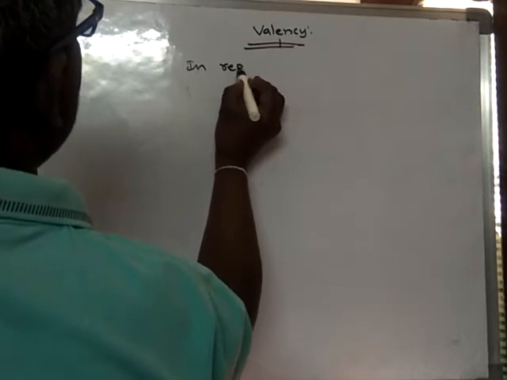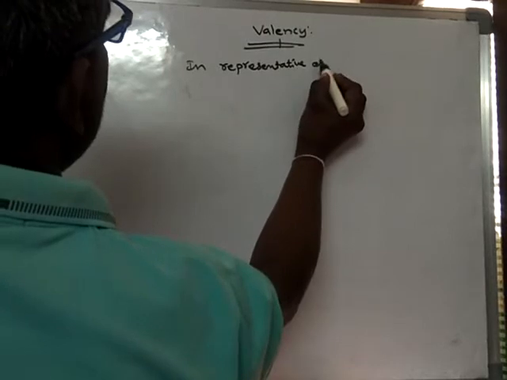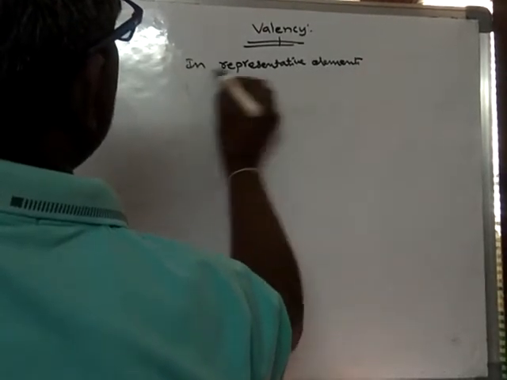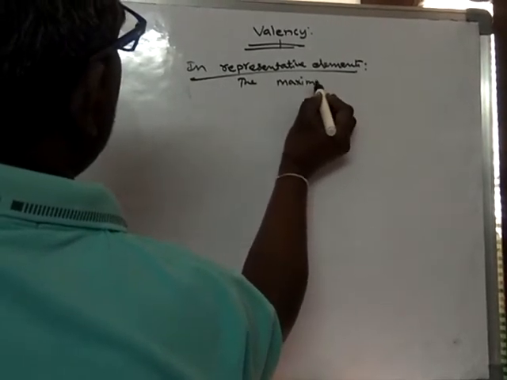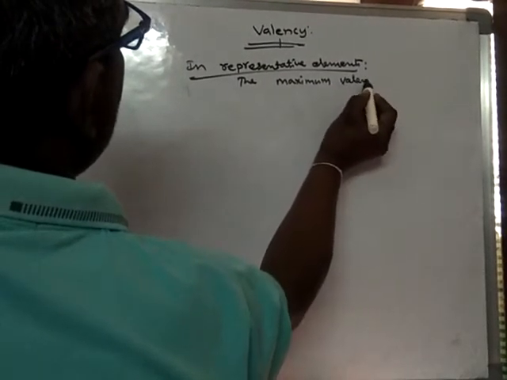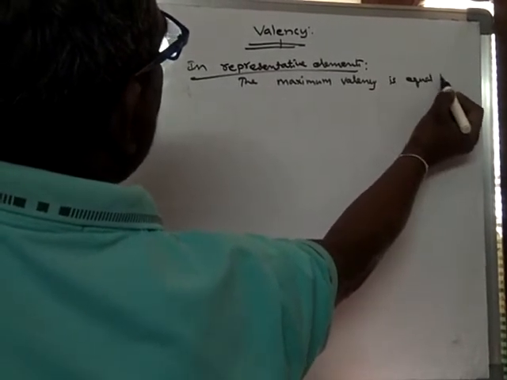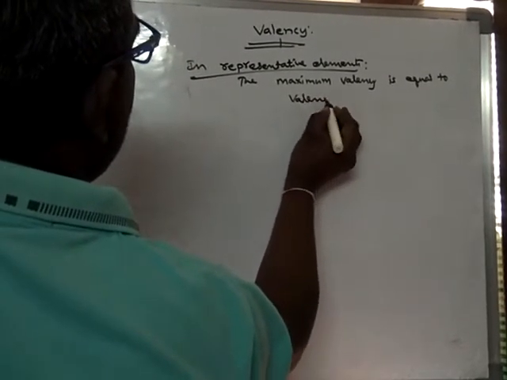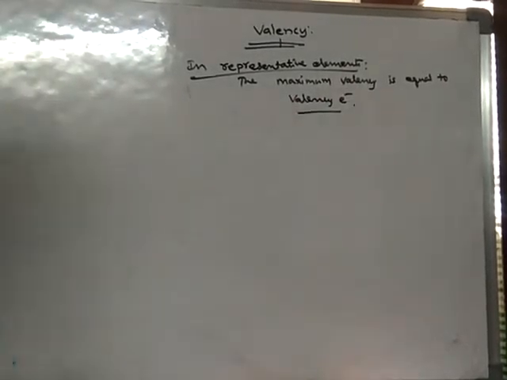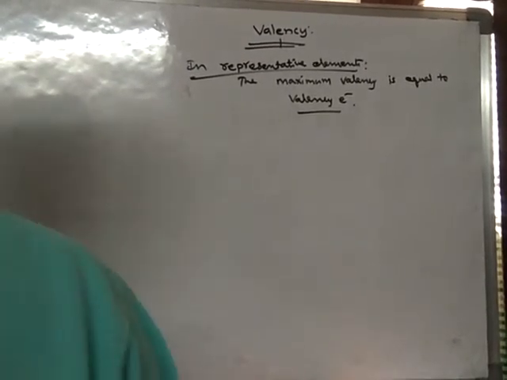In representative elements, the maximum valency is equal to the number of electrons present in the valence shell, or else simply we can call it valency electrons.